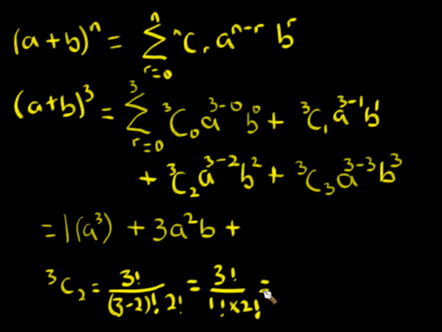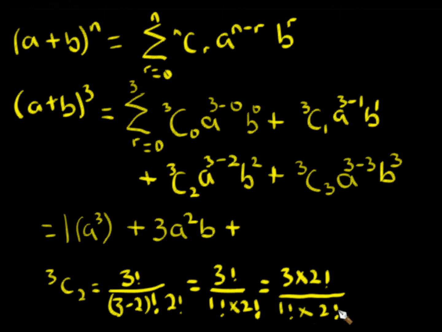At the numerator we have 3 times 2 factorial. This 3 factorial, we can also choose to write as 3 times 2 factorial. Please, I refer you to our previous video on combinations, and you will understand more of how we are evaluating these combinations.